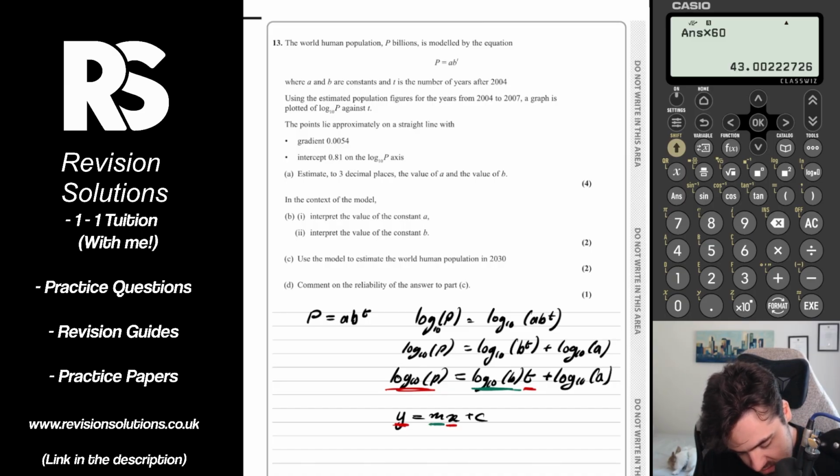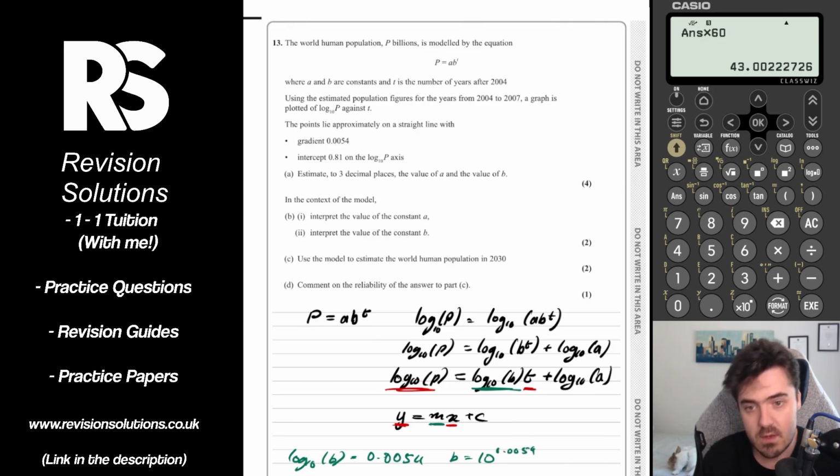So that is to say, log base 10 of B must equal our gradient of 0.0054. So B is 10 to the power of 0.0054. Plugging that in the calculator.